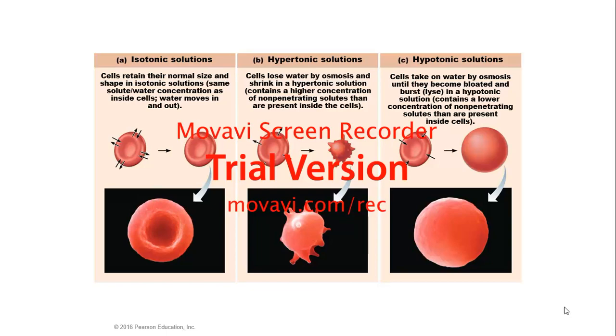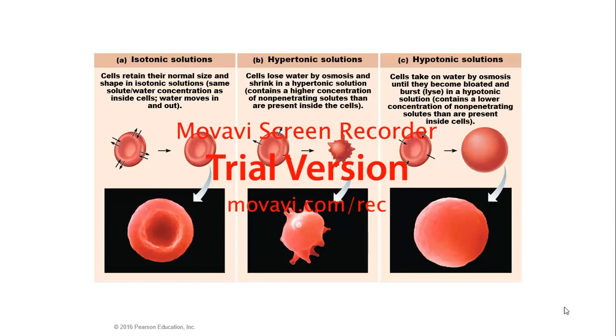But just understand, in this example right here, you have two solutions separated by a membrane. This membrane separating the two solutions is permeable to both the solutes and the water. So it's permeable to both the particles and also the water.